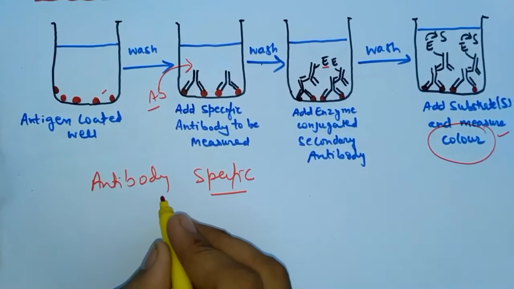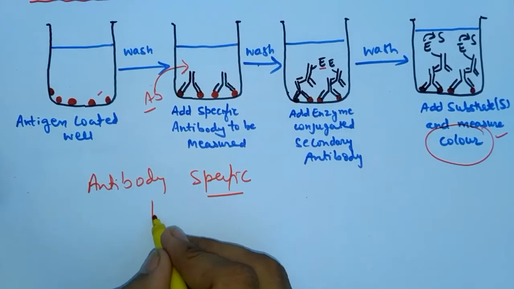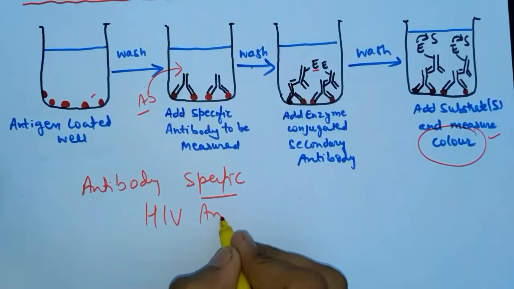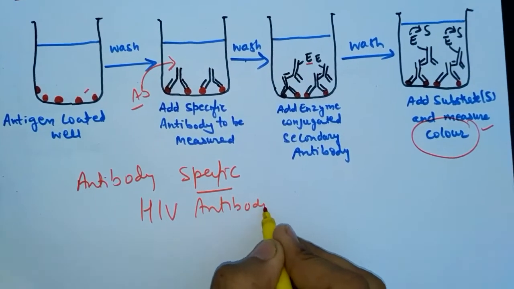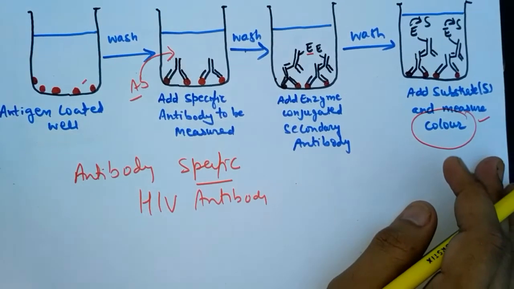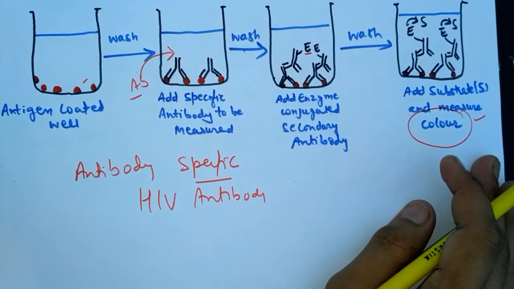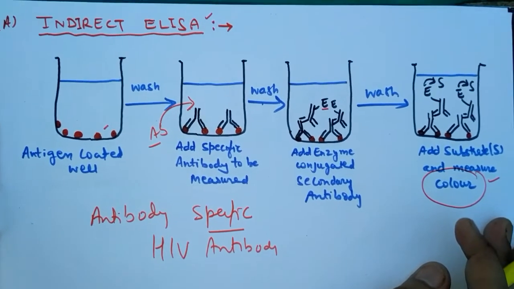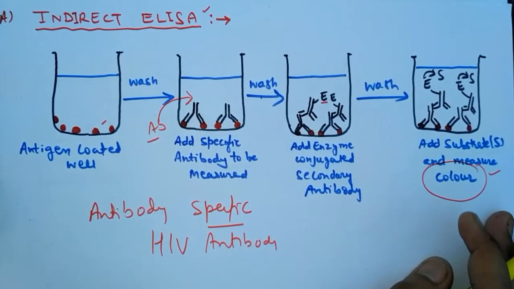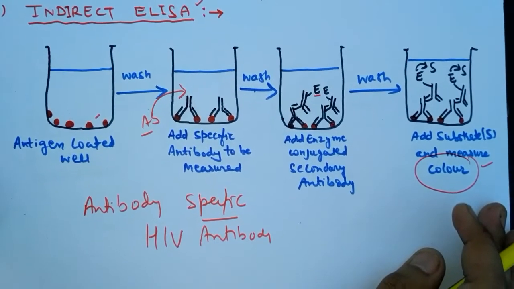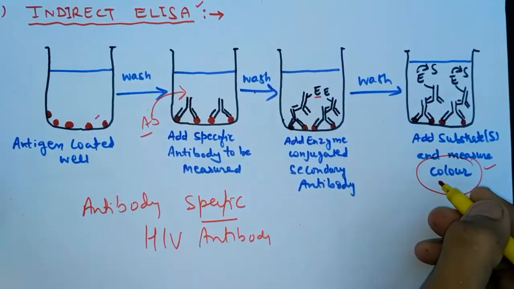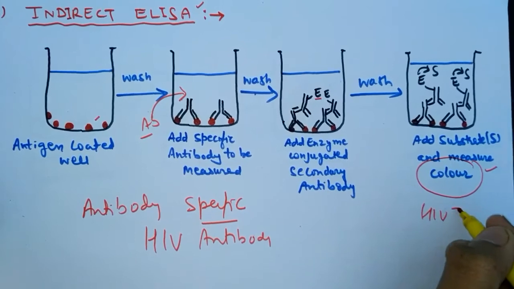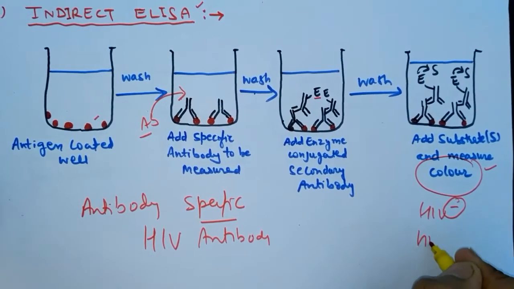This is very helpful in detection of HIV antibody. In the HIV infection, we can easily do this test to identify the antibody produced during the infection. If there is no color produced, the HIV test will be negative, and if color is occurring, the test will be positive.